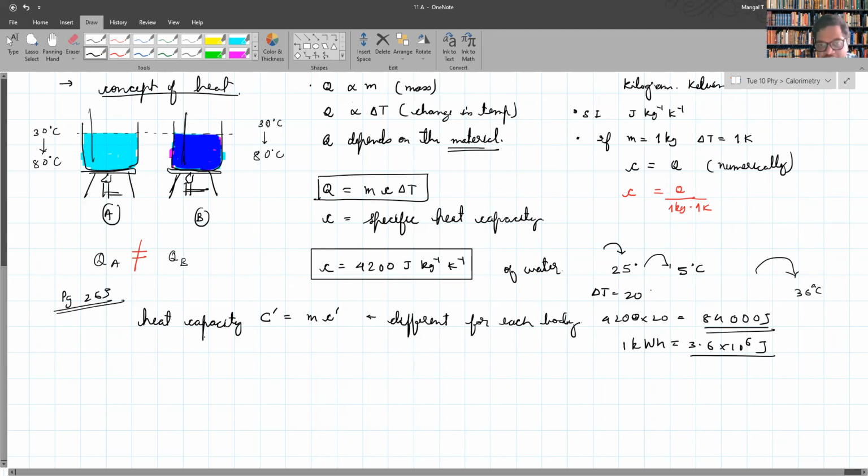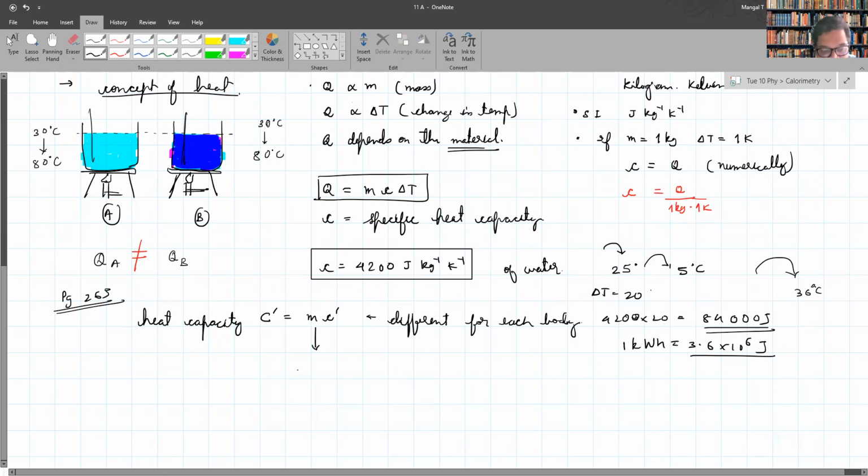Again, this is a very crude way of explaining, because an engine has a definite shape, definite design, and it will lose heat. But I'm trying to tell you that something depends on the mass, or depends from body to body. So that is another term called heat capacity.